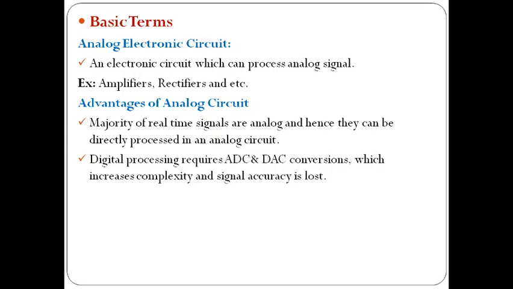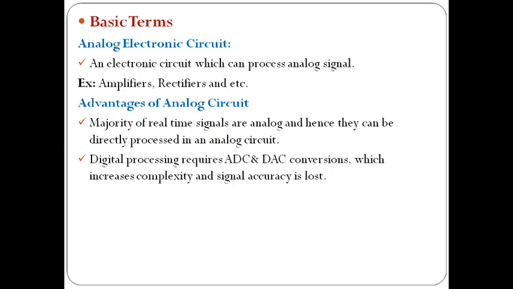So in the previous semester we studied the diode applications. In that rectifiers, the input signal is analog and the output signal is also analog. So we can say an example for the analog circuit is rectifier. Similarly, amplifier also.